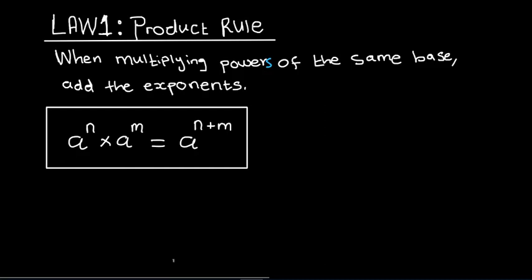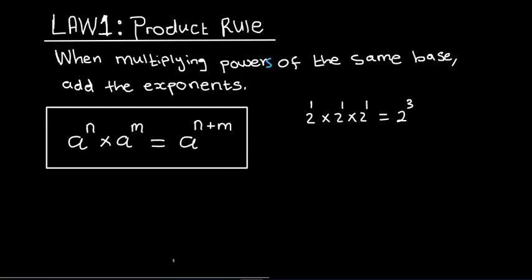What this means is, for example, what I did there when I said 2 times 2 times 2 is equal to 2 to the exponent of 3. Each 2 there, because there's no exponent written, has an exponent of 1, 2 to the exponent 1.